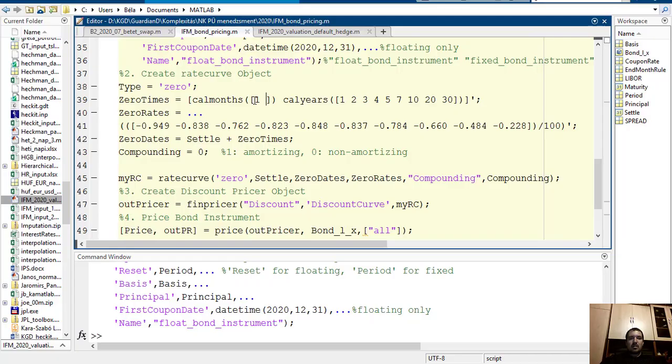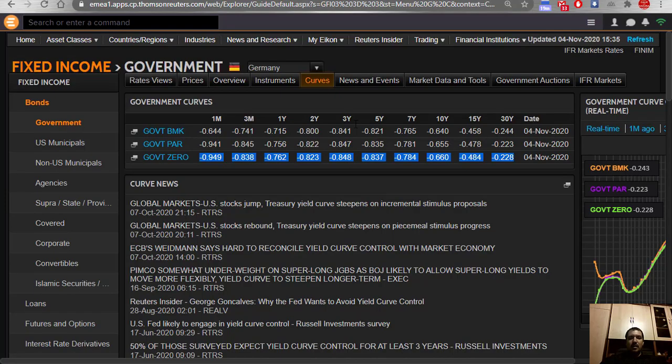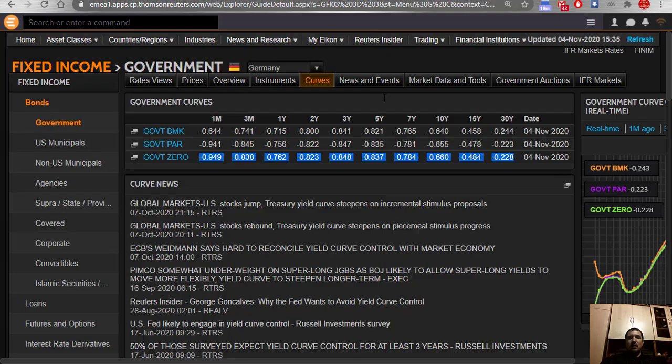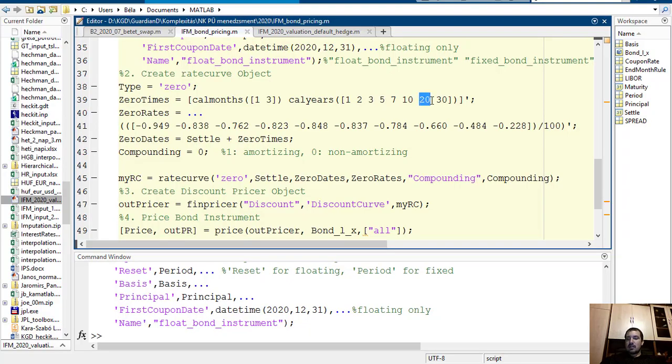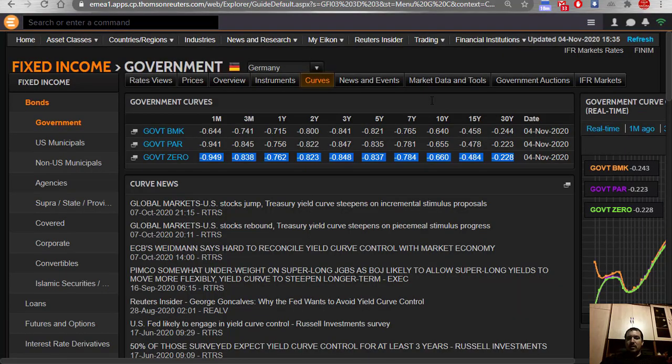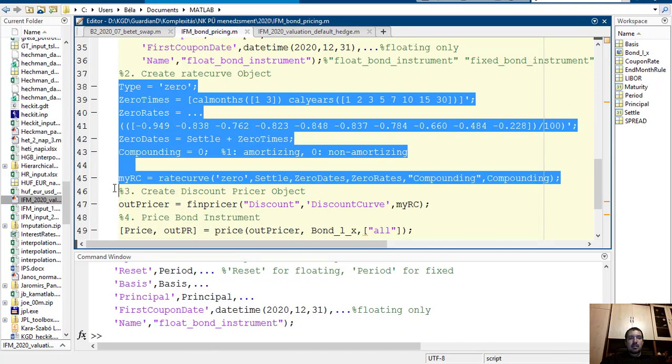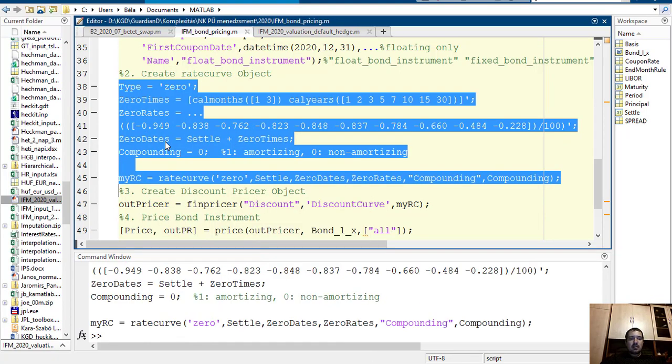We have 1 month, 3 months, and for the years 1, 2, good, 3, 5, 4 is deleted, 3, 5, 7, 10, there is no 10, there is no 15. Okay, let's hope that the rate curve has been loaded.